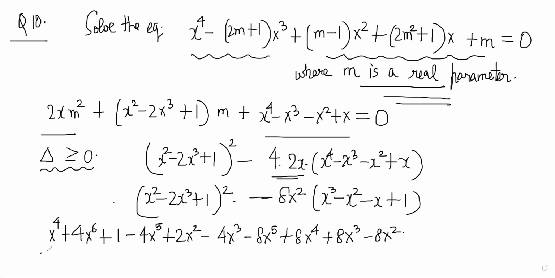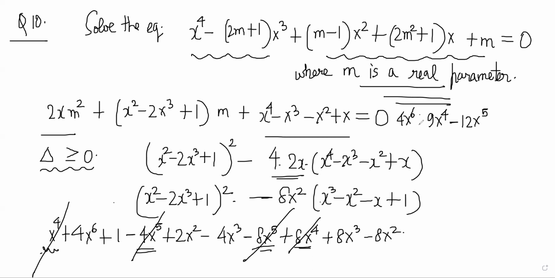So notice that you are getting x power 4 plus 8x power 4, you're getting 9x power 4, minus 4x power 5 minus 8x power 5, so you're getting minus 12x power 5, 4x power 6, and that's it.